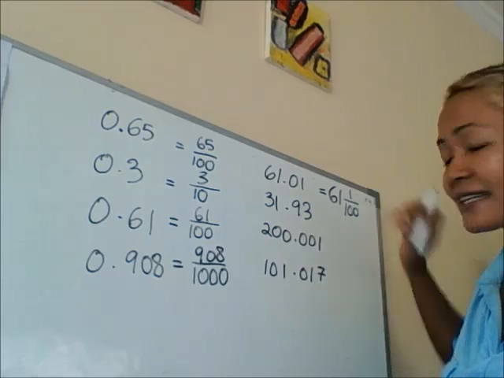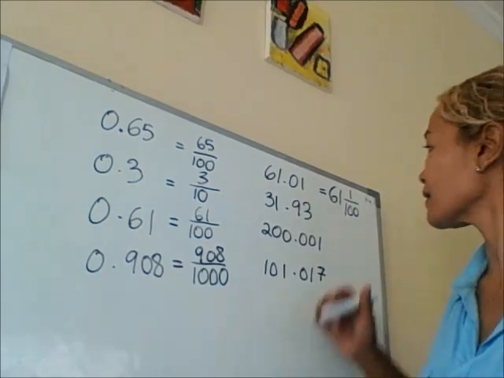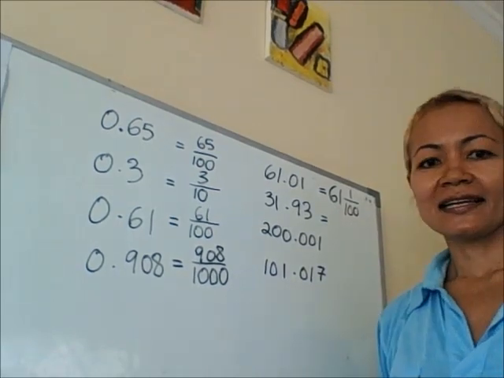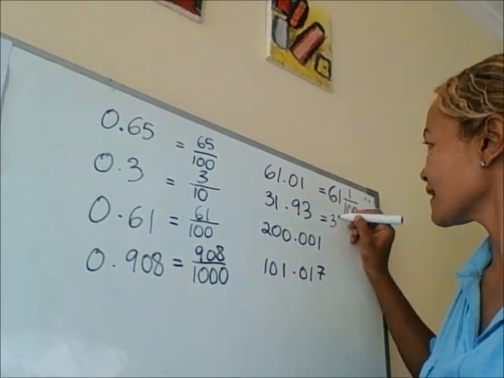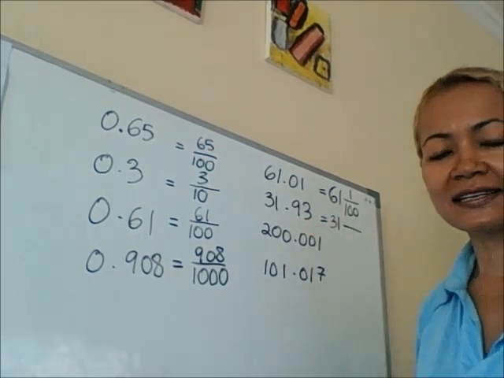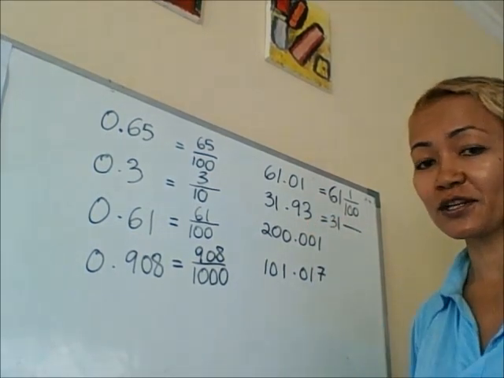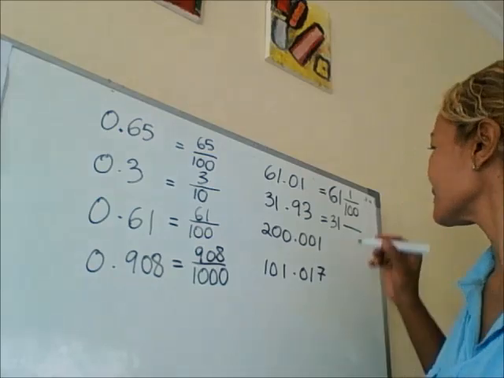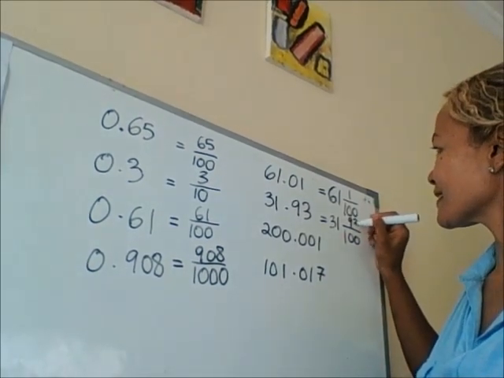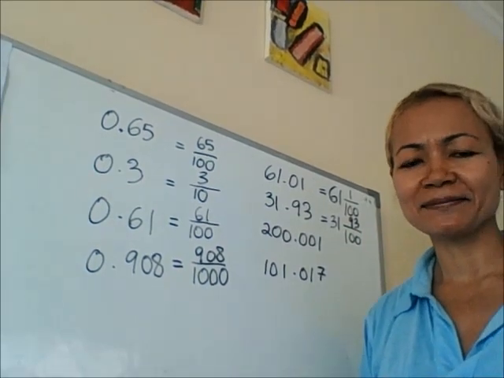Okay? 31 is the whole number. 93, 2 columns, so the denominator will have 2 zeros. 1, 2 zeros. 93.